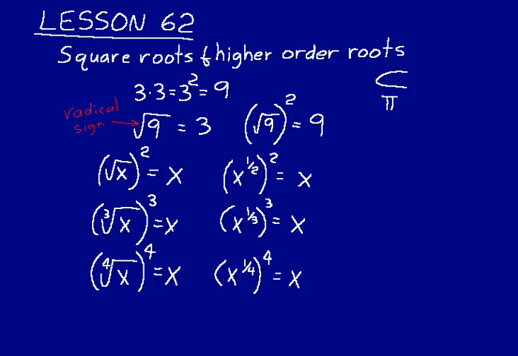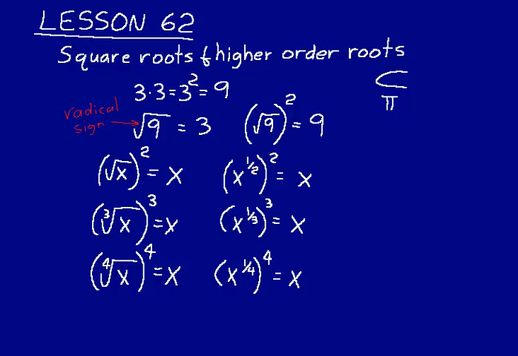Now the one that you use the most is the square root. And since you use it so much, it's a good idea to memorize the squares of a lot of different numbers. So right now, why don't we just go ahead and write down the squares from 1 to 15.